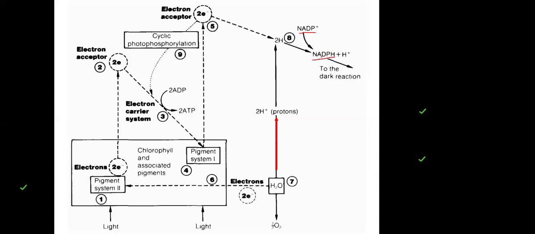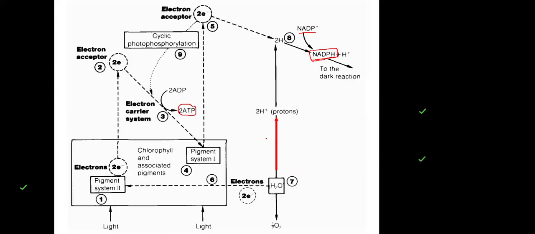So this reduced NADP is going to be very important together with this ATP. So these are the two very important products of the light dependent stages or the light stages. If these two products are not made, then you can never talk about the dark stage, because they are very instrumental in the dark stage.